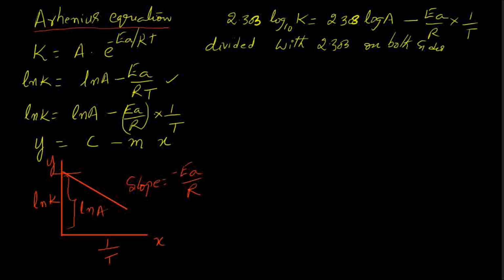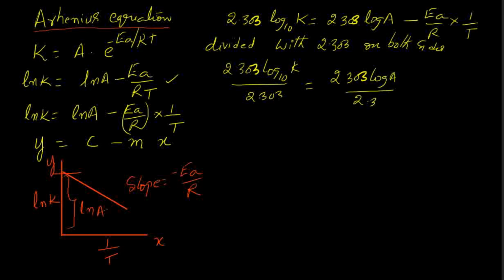So what happened? 2.303 log base 10 k by 2.303 equals 2.303 log base 10 A by 2.303 minus Ea by 2.303 R into 1 by T. So these 2.303 are cancelled.